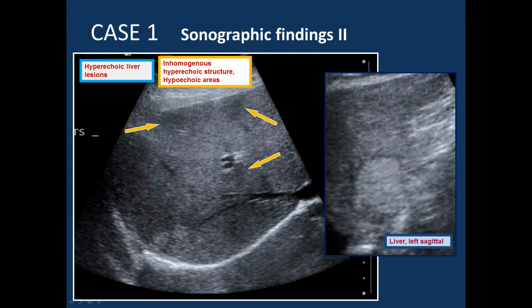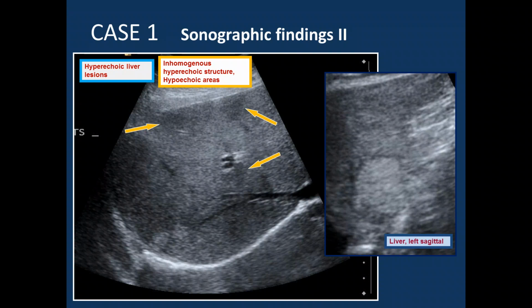Now we have hyperechoic liver lesions and, as already stated, an inhomogeneous hyperechoic liver, and the inhomogeneous hyperechoic structure is combined with poorly echogenic areas. What you cannot see on images, but what was possible for me to see during dynamic sonography, is that the poorly echogenic areas were not rounded lesions, they were just inhomogeneous structure and couldn't be seen twice in sagittal and oblique views.